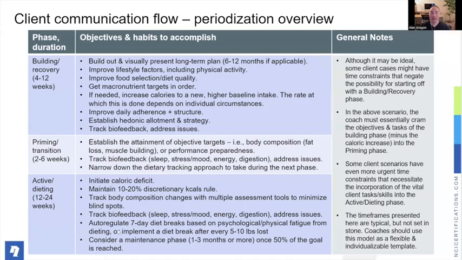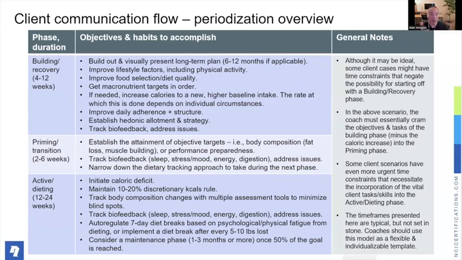My go-to model for diet breaks is that people tend to get psychologically fatigued from dieting every 4 to 8-ish weeks. So you can auto-regulate a 7-day diet break. And we went into the specifics of diet breaks and maintenance phases and nonlinear carbohydrate intakes and stuff.